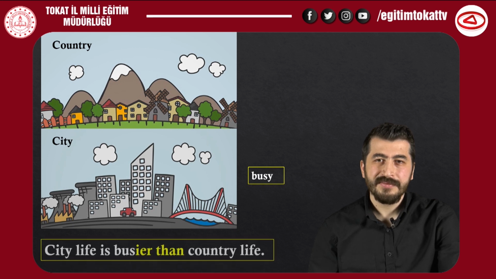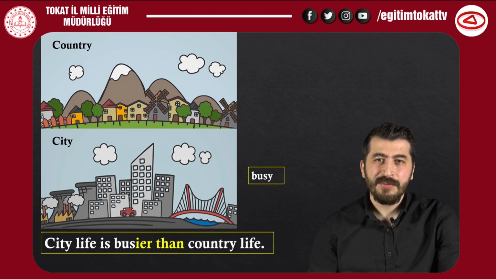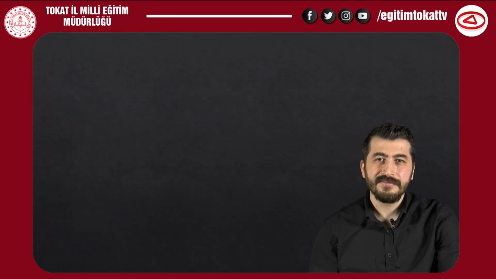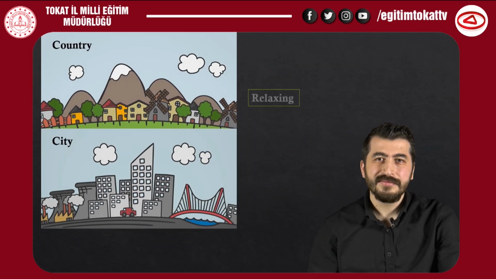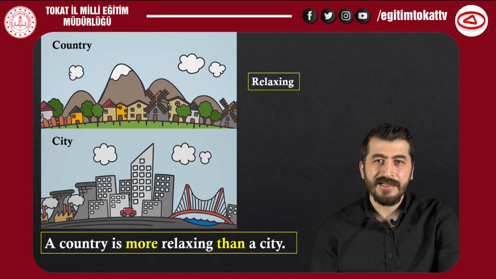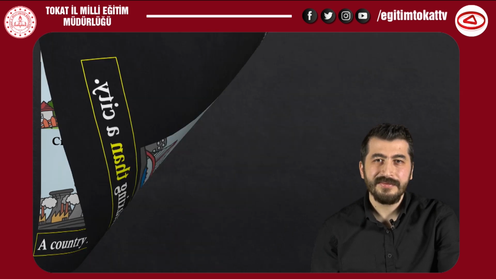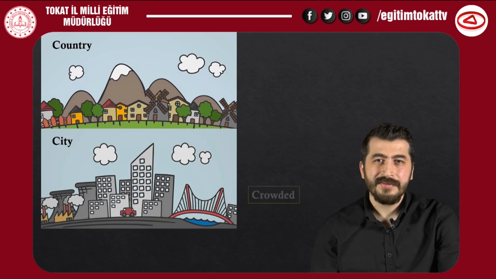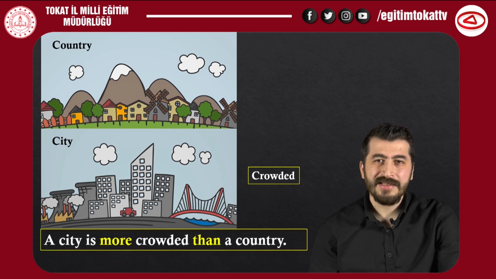Busy. City life is busier than country life. Relaxing, long adjective, don't forget. A country is more relaxing than a city. Crowded, many people. So a city is more crowded than a country.